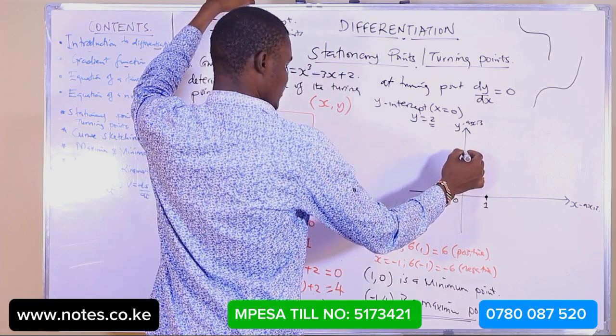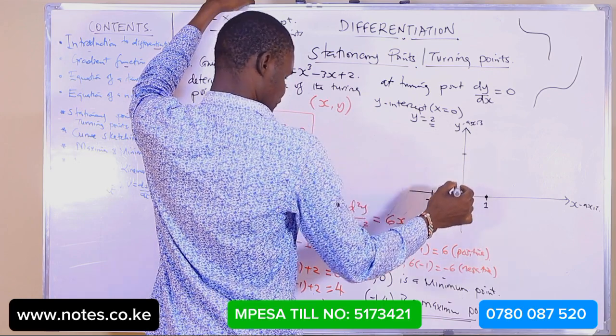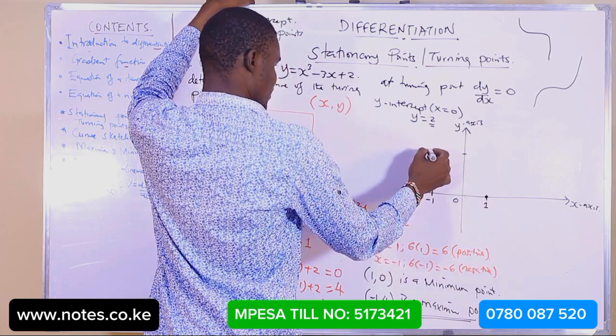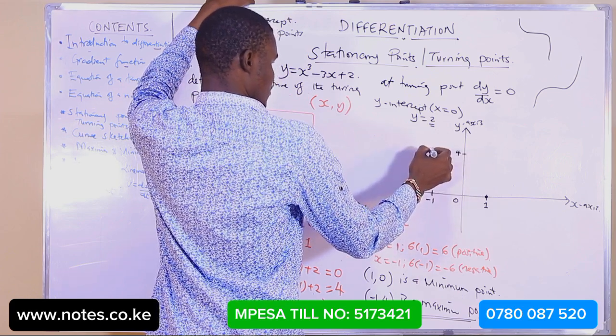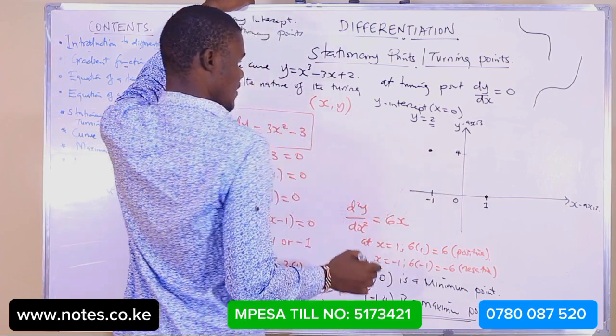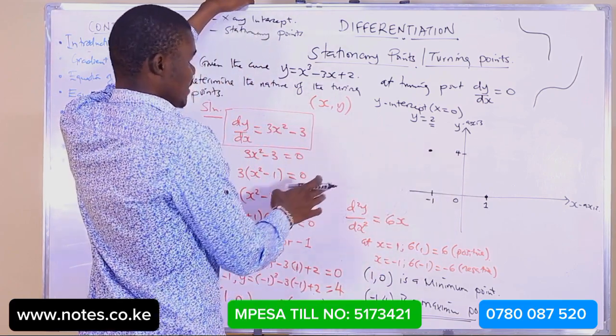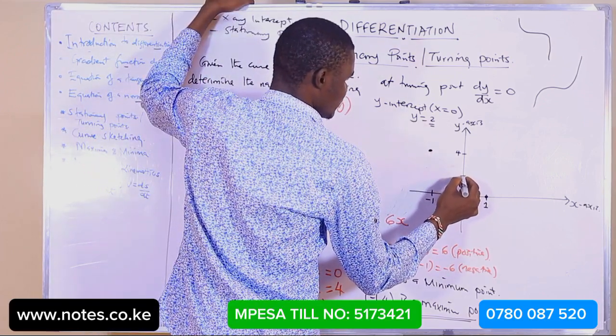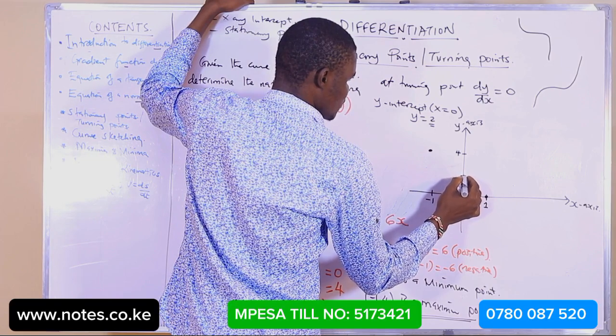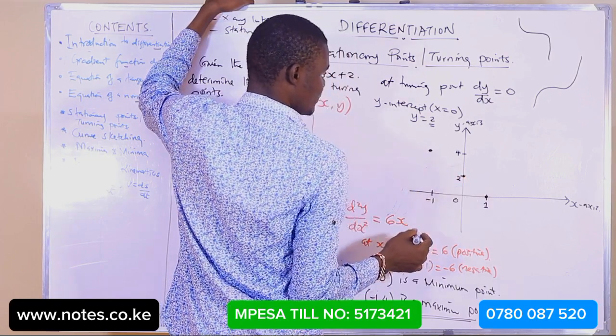So you say here is maybe 4, so that point will be somewhere there. And then the y-intercept is 2. So you write 2 here. This is the y-intercept 2. It is very important to label them.